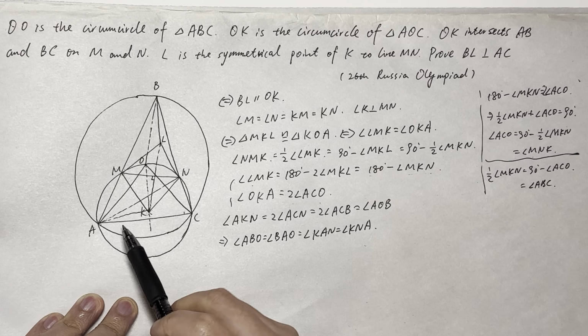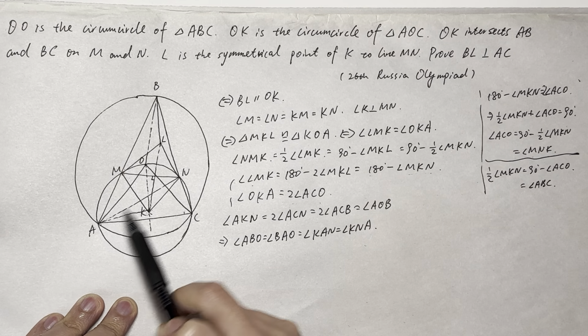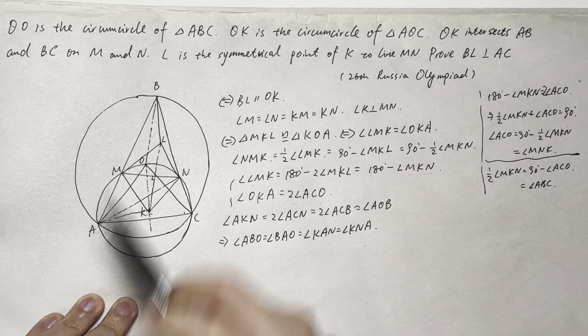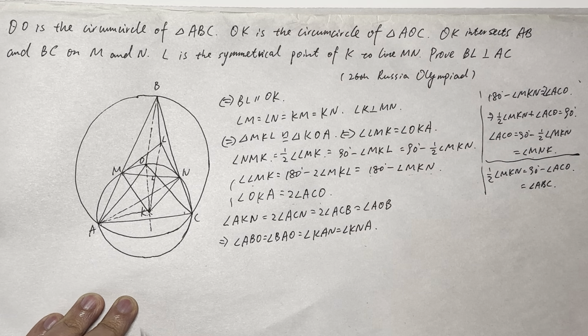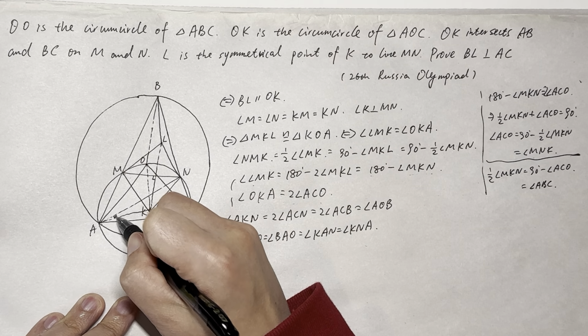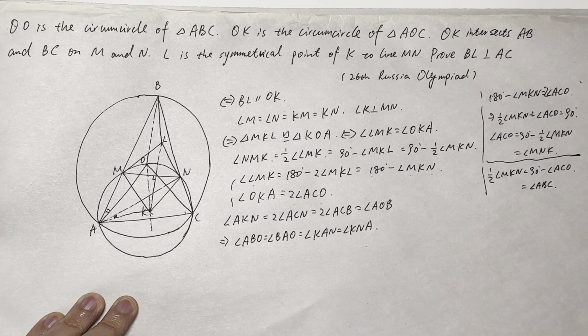Right? Basically, I'm saying that triangle KAN and triangle OAB are similar. But the most critical part is that this angle equals this one. Right?